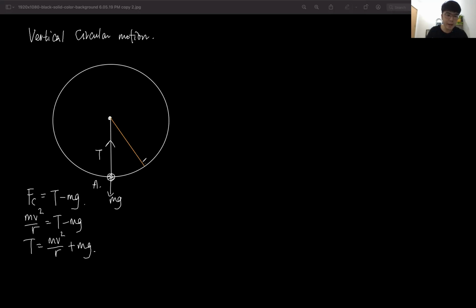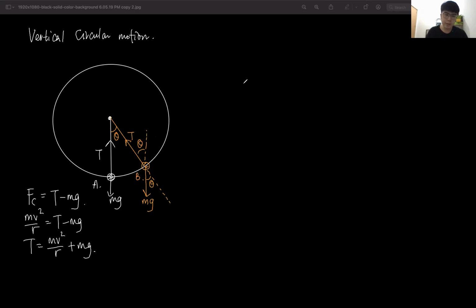At this position, let's call it position B. Again, we have tension inward, but the mg is vertically downward. What is the angle that it makes here? If we count from this one, the angle is the same as this one, and if I extend this, the same as this one, the cross angle.